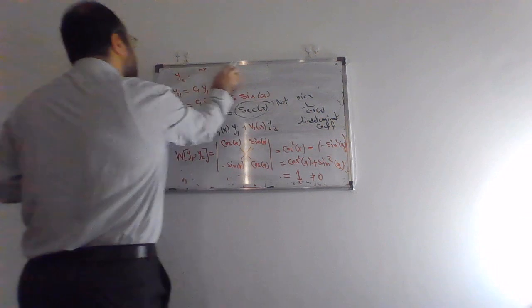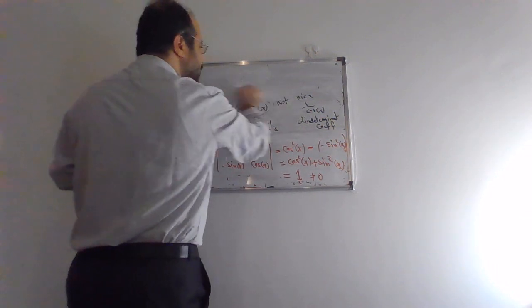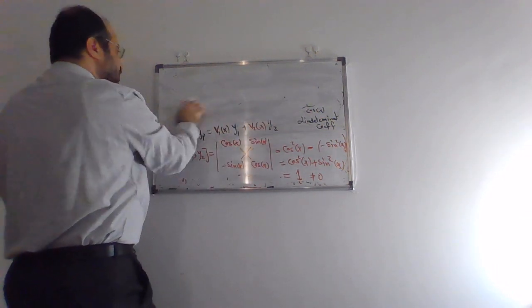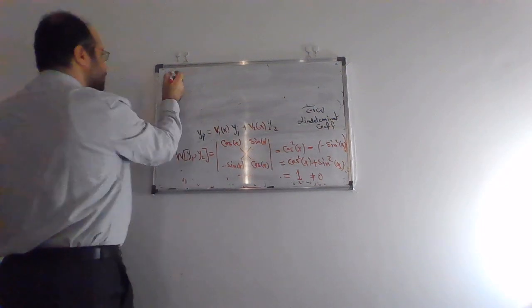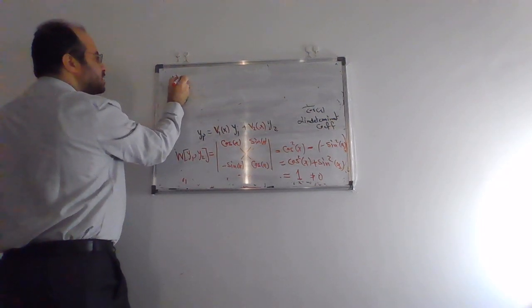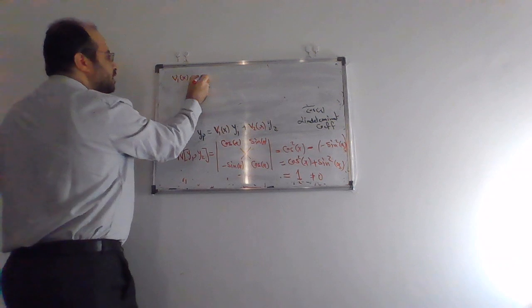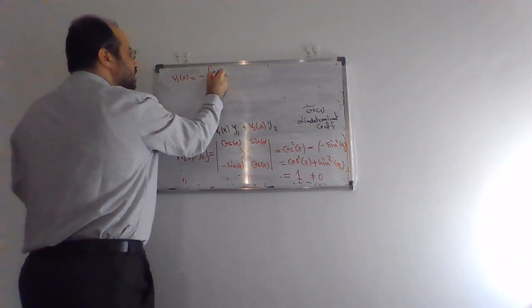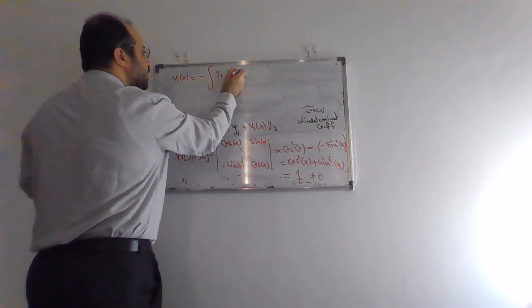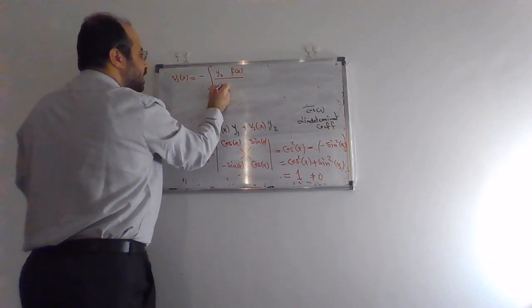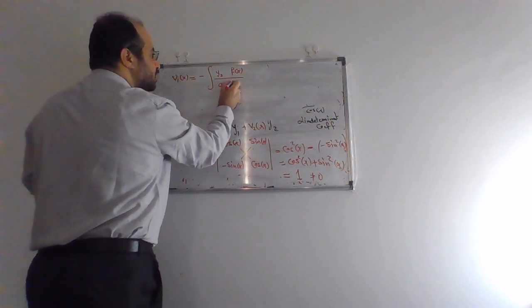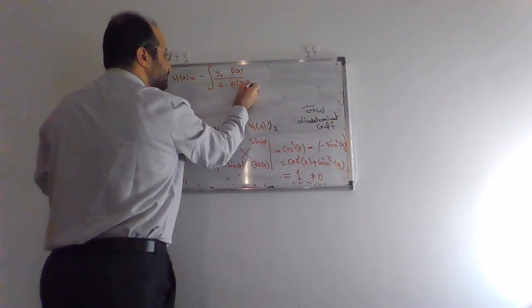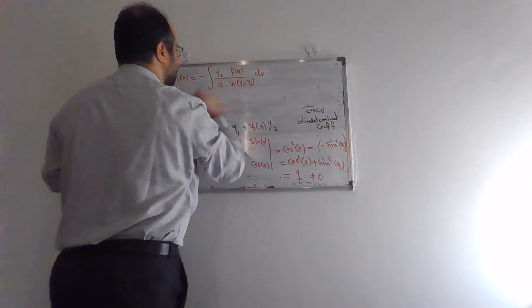Now there is a formula for V1 that you need to memorize. V1 is equal to the integral of minus y2, f of x, over a times the Wronskian W of y1, y2, dx.